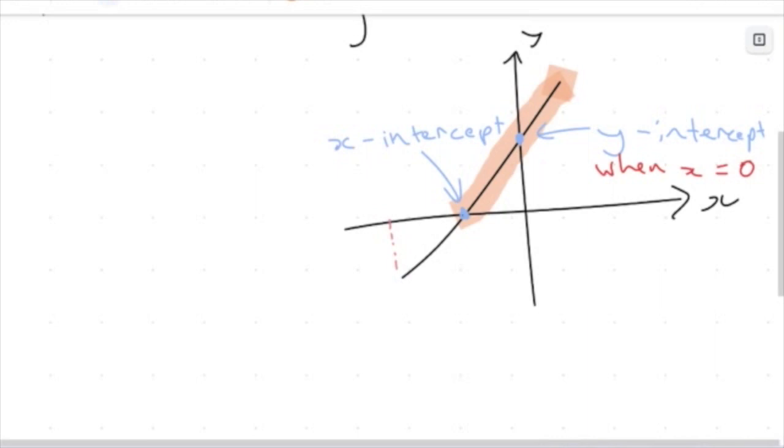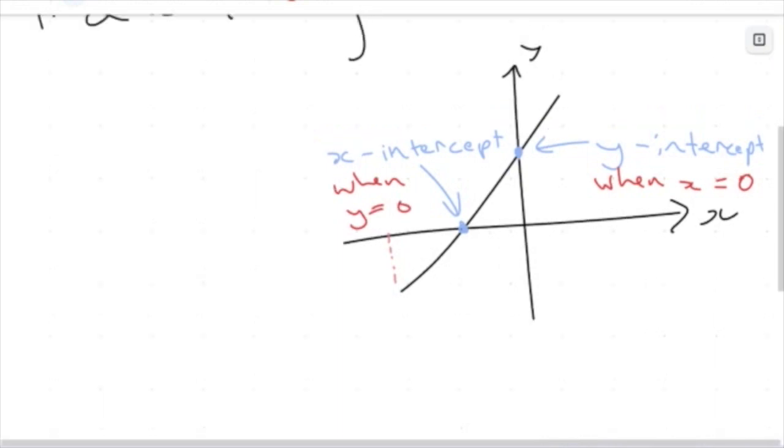And once again, at this blue dot, my y is actually 0. So not only can I say I get a y-intercept when the x-coordinate is 0, but I also get an x-intercept when the y-coordinate is 0. And let's write that in here, when y equals 0.